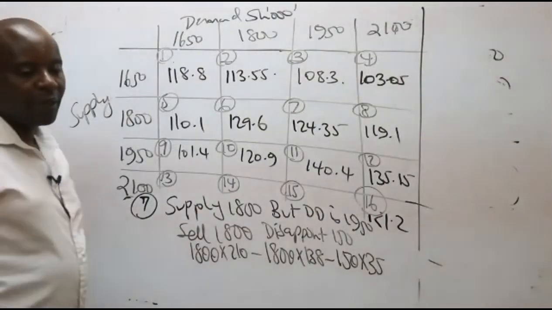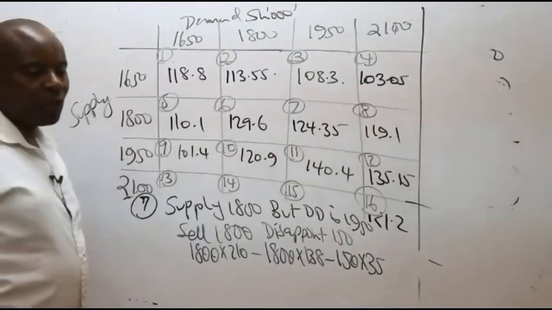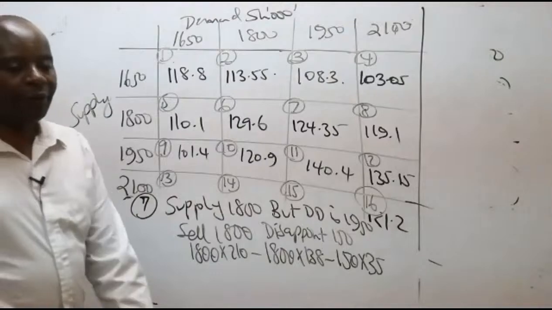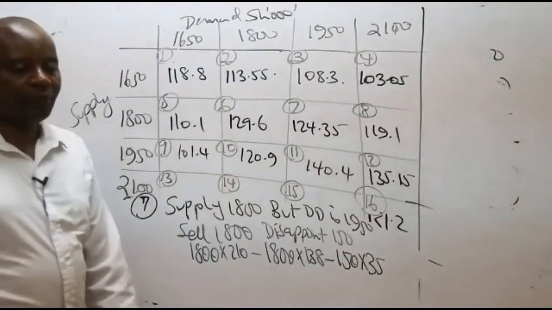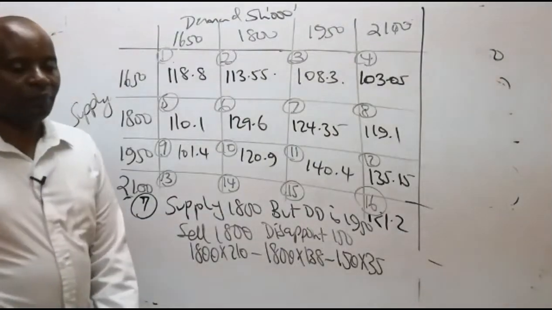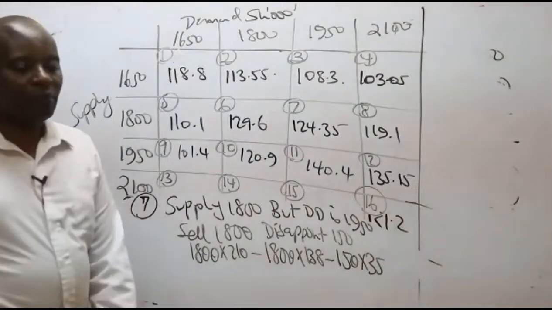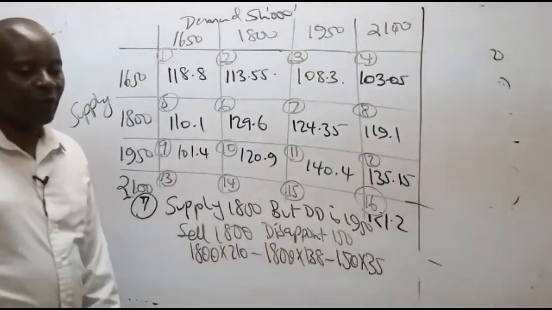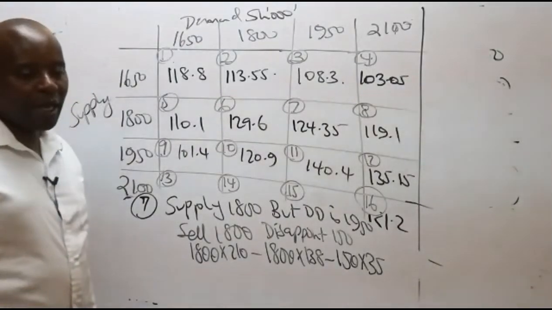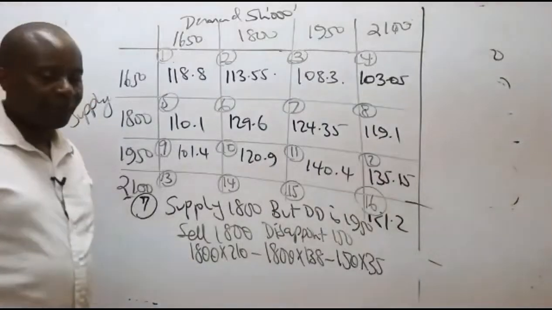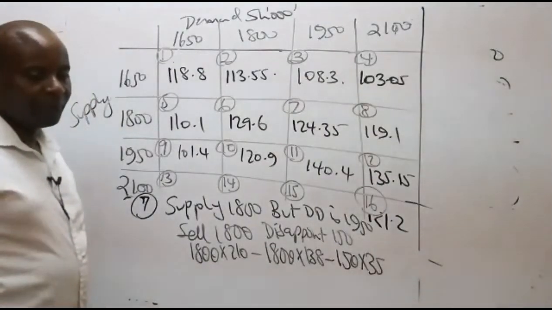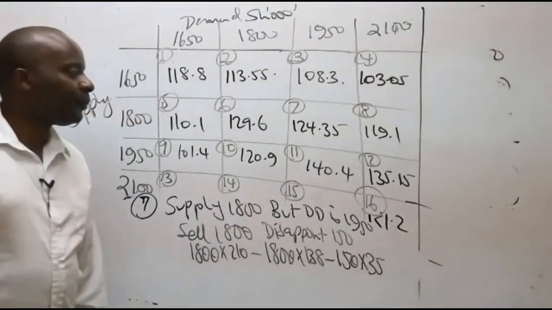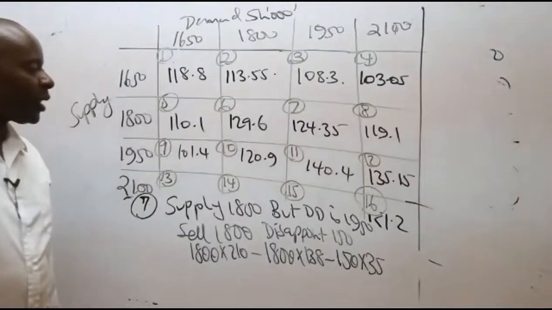Could you kindly confirm that cell number 7 is 124.35? Please confirm very fast. Time is not on our side. Just use your calculator. If it's not correct, tell us it's not correct.